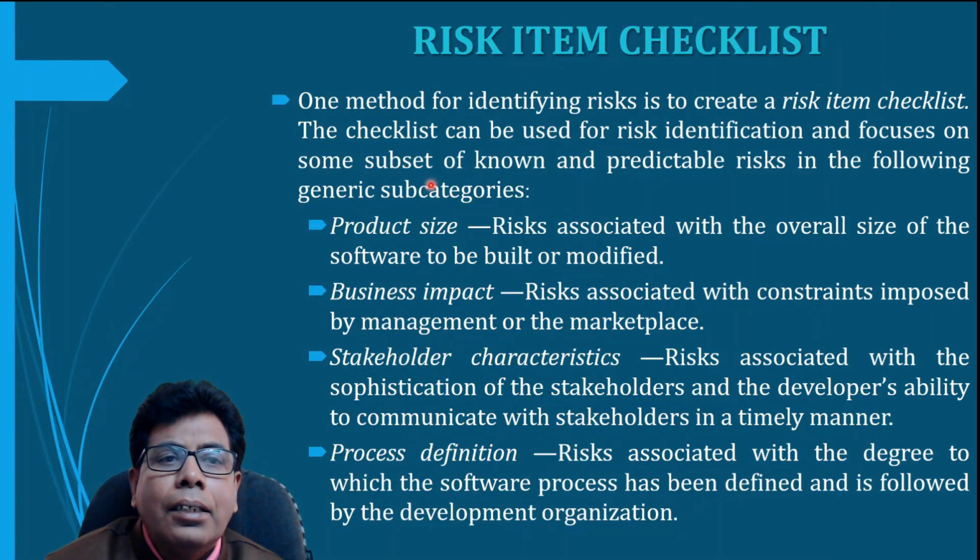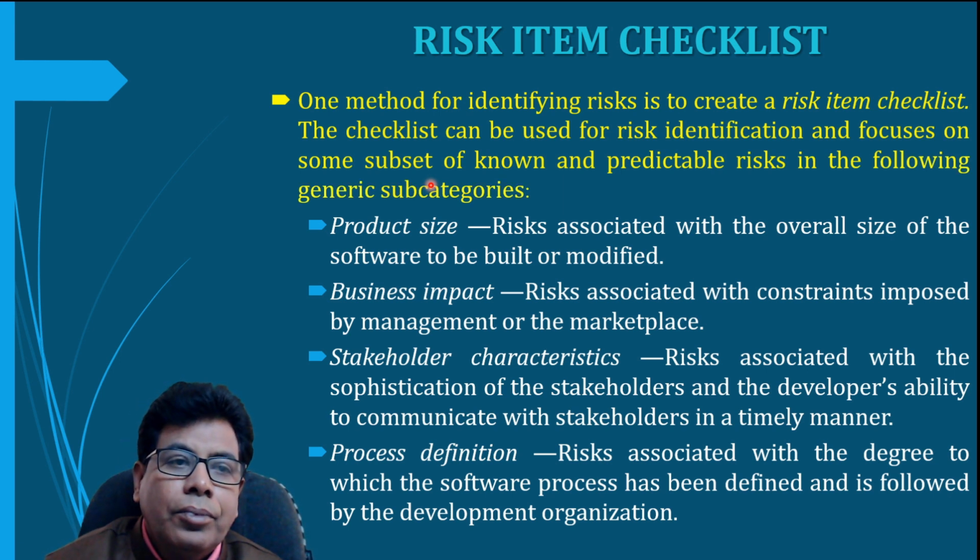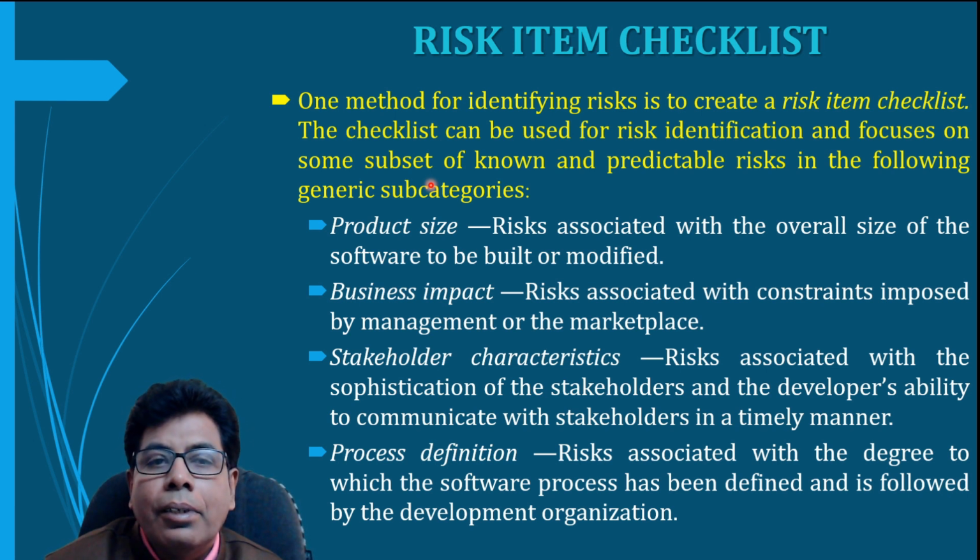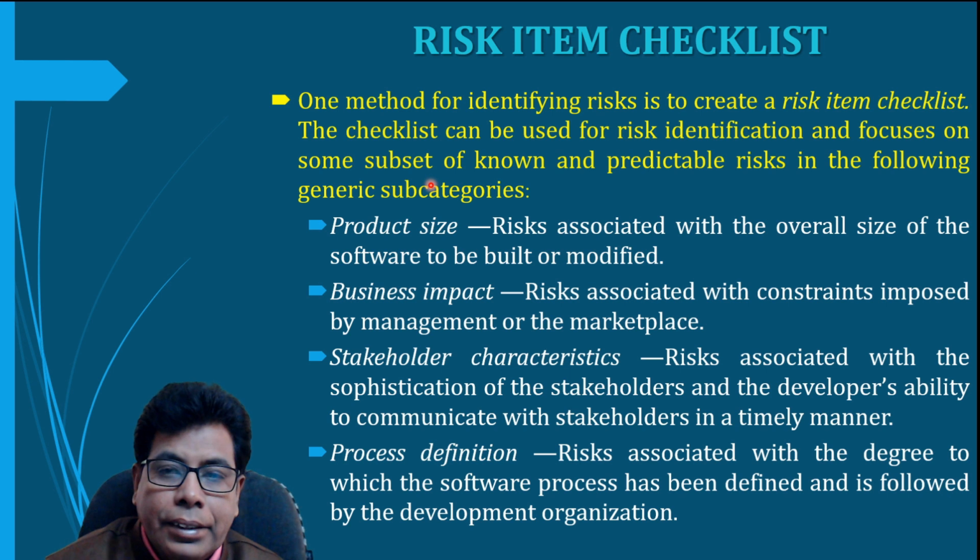Then next is the risk atom checklist. This is one of the methods of identifying risk. Here we create a risk atom checklist, and the checklist can be used for risk identification and focuses on some subset of known and predictable risks in the following subcategories.